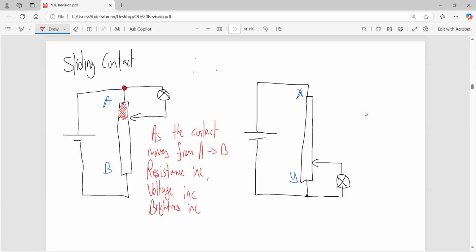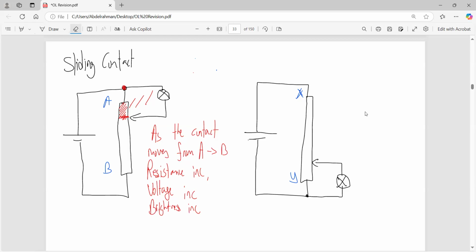If it's at this point, then it's only parallel to this part. What happens if it moves further downwards? It becomes parallel to a greater part of the resistor. And if you take a greater part of the resistor, the voltage and the resistance would increase, meaning that the brightness of the lamp would increase.